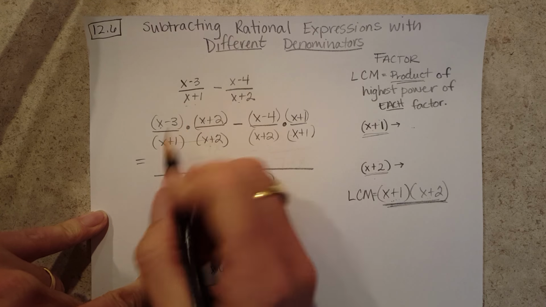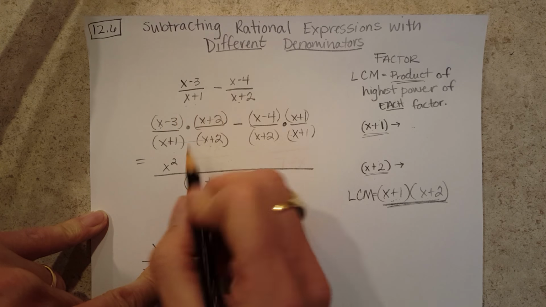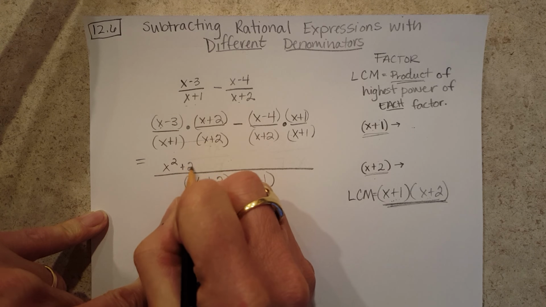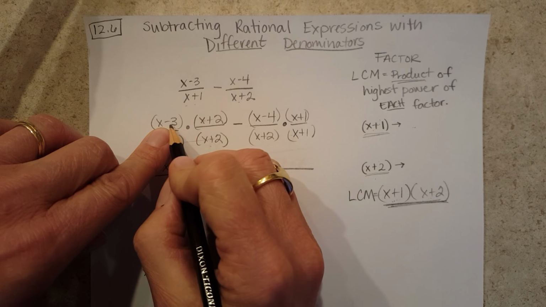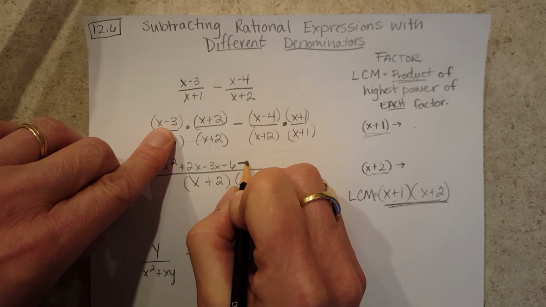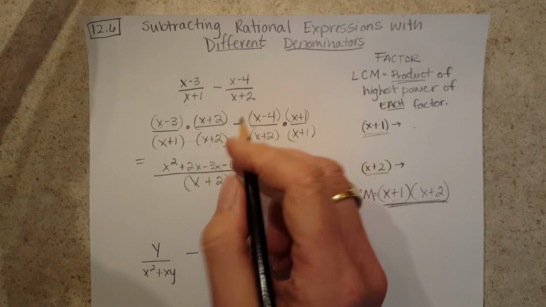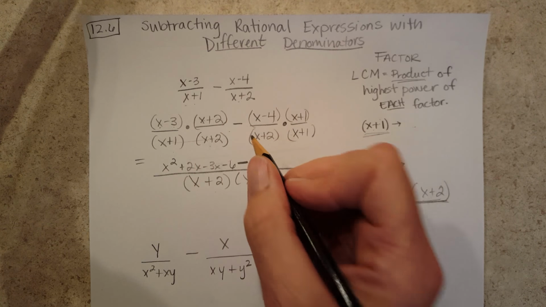So first, x squared, x times 2 is plus 2x. Then my negative 3 times x is minus 3x. Negative 3 times my 2 is minus 6. Now, here's the part that changes because of the subtraction of two fractions.